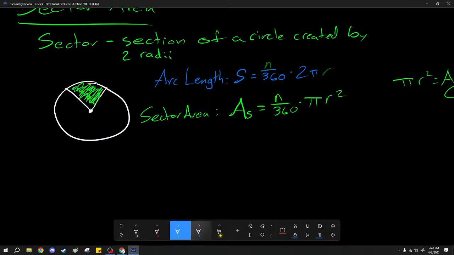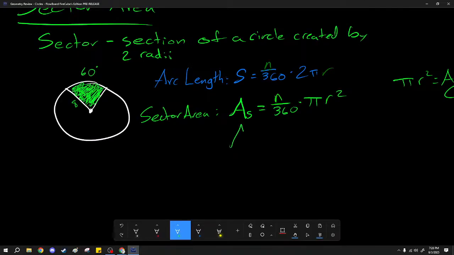So let's go ahead and do a quick example. Let's say our arc measure is 60 degrees, and let's say our radius is 8. We need to find how much of the circle this sector takes up.